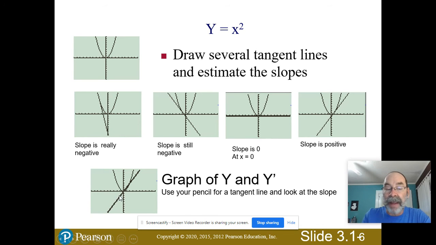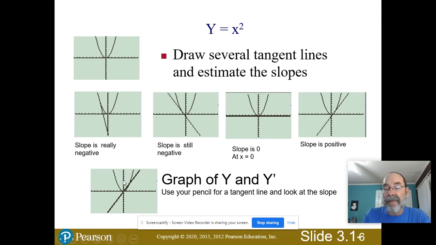Right at 0, our tangent slope is 0. That's why it goes through the point (0, 0) right there. And at 1, we can identify that it's about a positive slope. But as we get bigger and bigger x values, notice your tangent gets more steep. This is the graph of our slopes. The dark line there is the graph of y prime, our derivative of y.